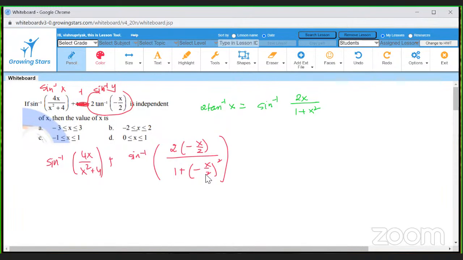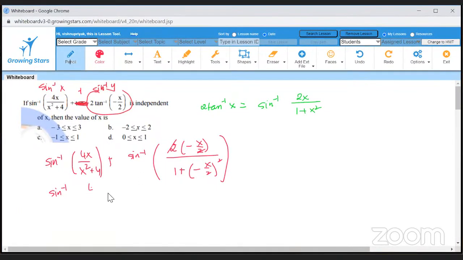Simplify the second term. How to simplify the second term? Very simple. You can cancel 2 and 2. So what will you have?